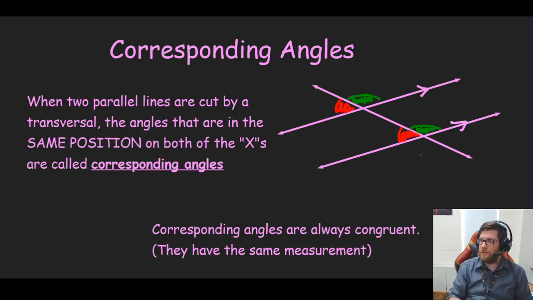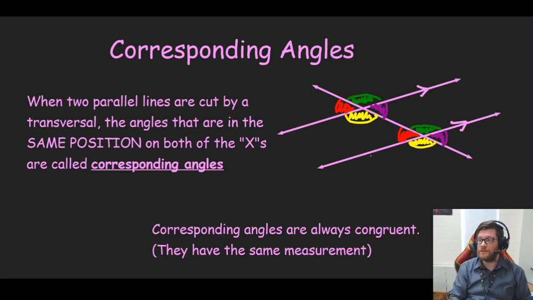If we take a look at this angle down here, and we look up at the other x for this position, we're talking about this angle here. All right. And last, but certainly not least, if we take a look at this guy over here, it's in the same position as this guy over here.